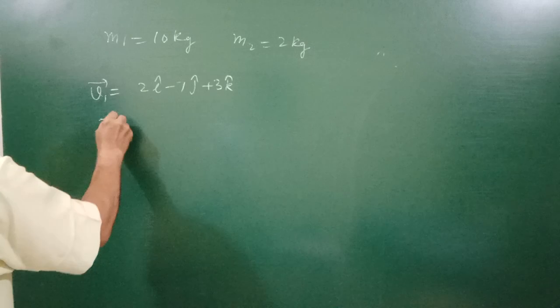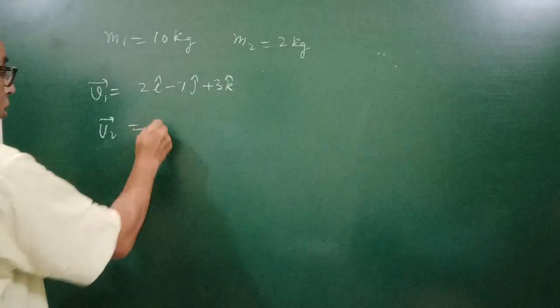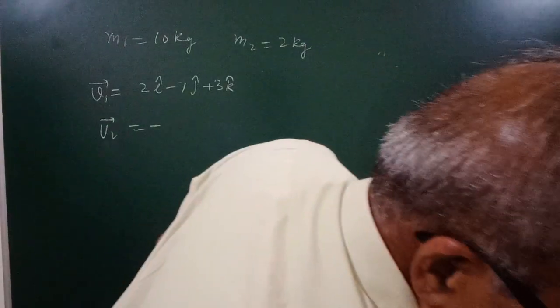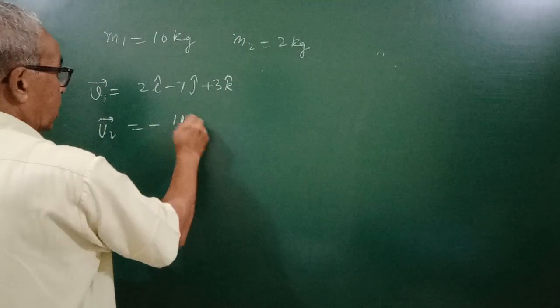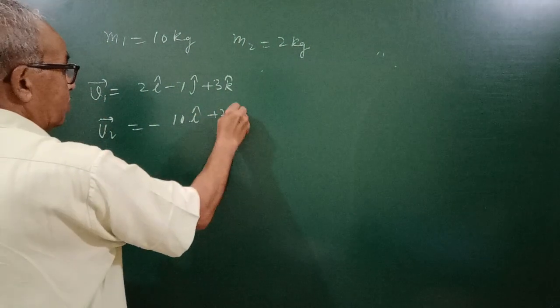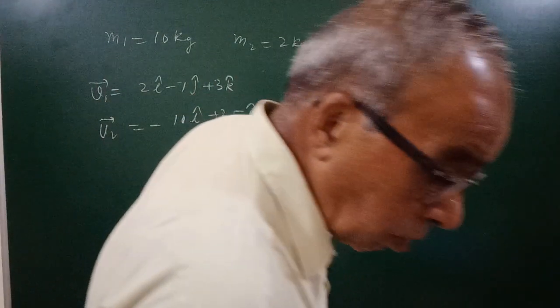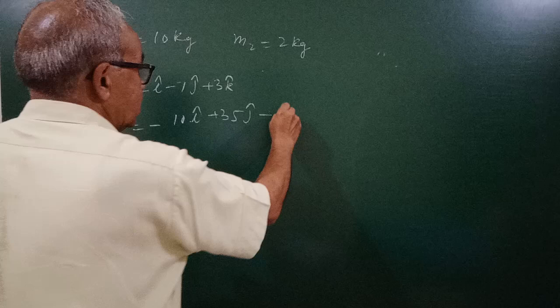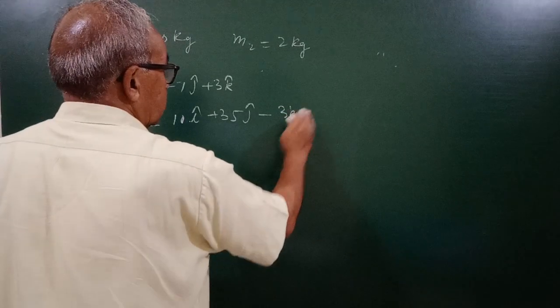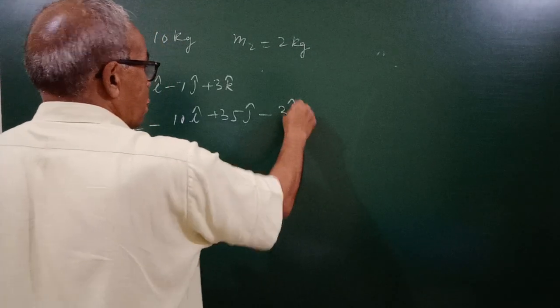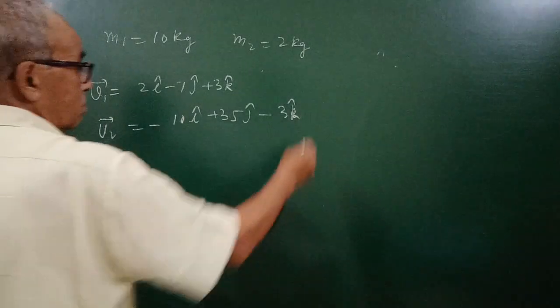velocity V2 is minus 10i cap plus 35j cap minus 3k cap, in meter per second.